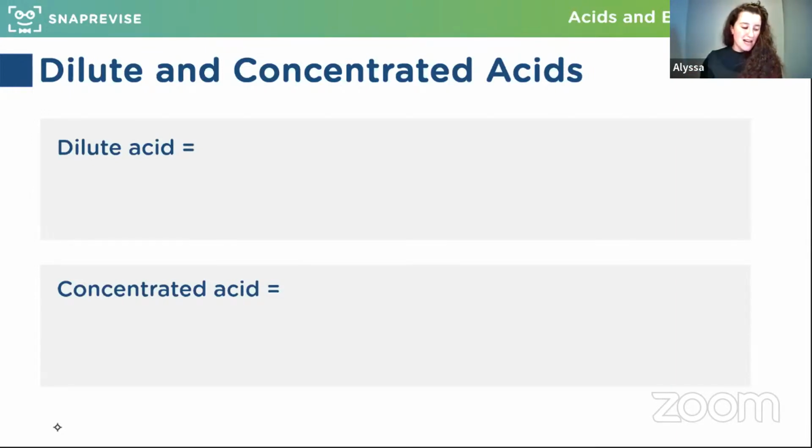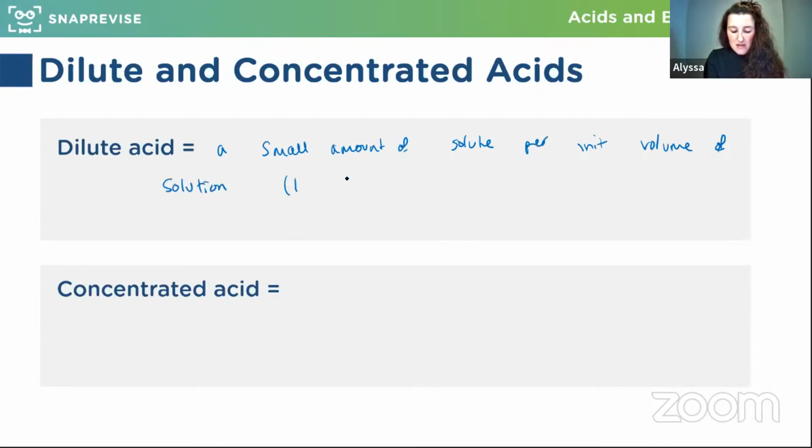So a dilute acid, we would say, has a small amount of solute per unit volume of solution.